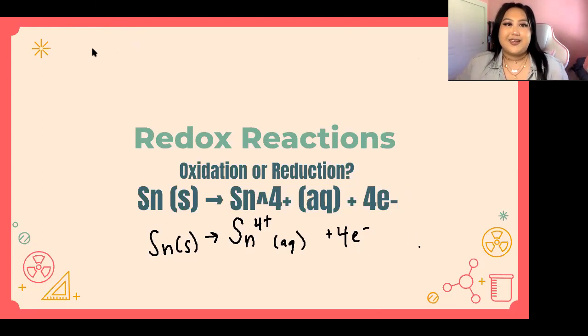So that's why it's only one or the other. But this tin is in its elemental form, so it has the net charge of what? What's the charge of just Sn?